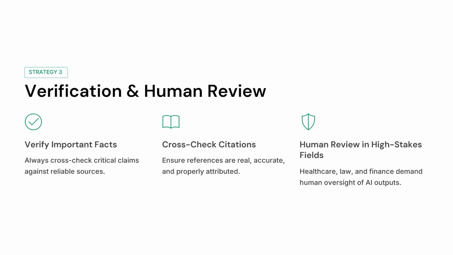Also, in high-stake fields such as medicine, healthcare, law, and finance, you can't simply trust the AI outputs, as we saw in our first video where a lawyer blindly trusted the output of an AI, which hallucinated and made up its own cases that actually didn't exist. So we need a human in the loop to review if the information provided by the AI is actually correct or not in such high-stake cases.